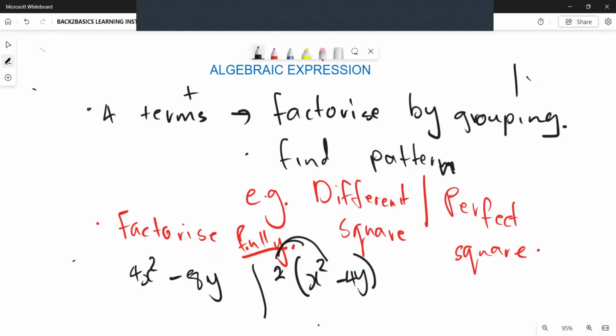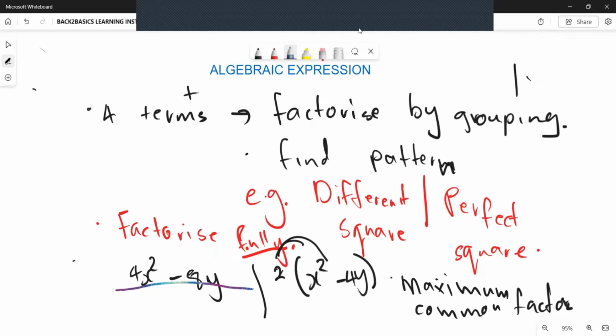What is it that we require to do for us to factorize fully? You need to take out the maximum common factor, right? So what is going to be your maximum common factor here? It is going to be 4, right?